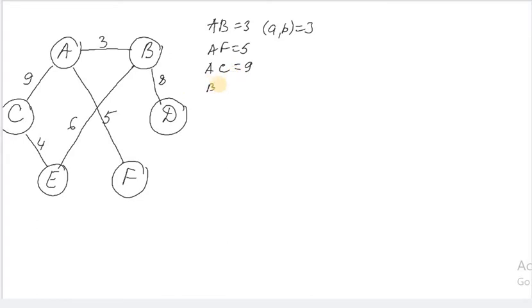And then we start with B. BE is equal to 6. BD is equal to 8. And we have one more, which is CE, and its cost is 4. Alright, so if we count all of the edges, we have 1, 2, 3, 4, 5, 6 edges altogether. So this is just an alternative way of writing the graph, so you can write it like this or this, but I think the professor prefers this way.